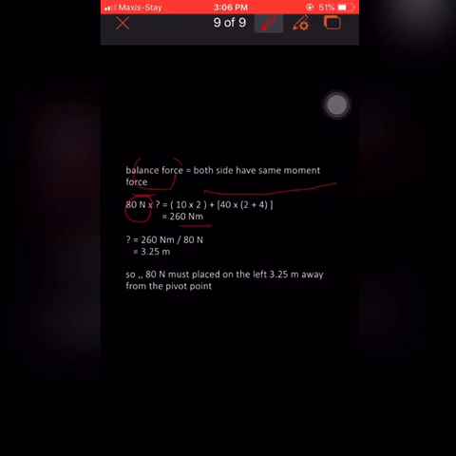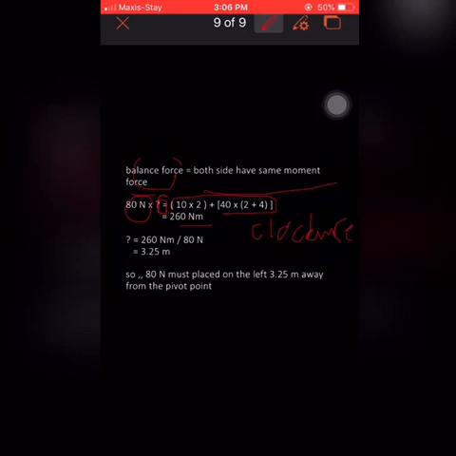I get it from the multiplication and addition of the second clockwise. So this is the unknown that we have to search for. That is the distance. The unknown equals the distance.